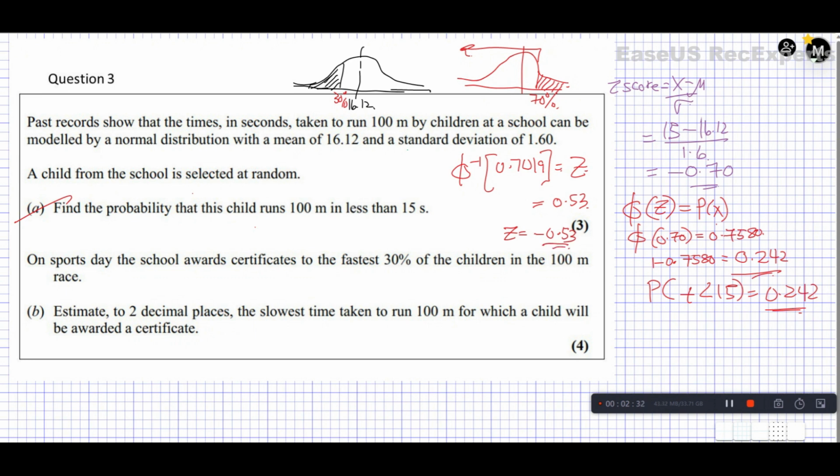Okay, yeah. So therefore, since they want the time, so let's find the probability t less than t. And this time it is 30%, or 0.3. So therefore, first method phi 0.7019. To find the z-score, I've got negative 0.53.